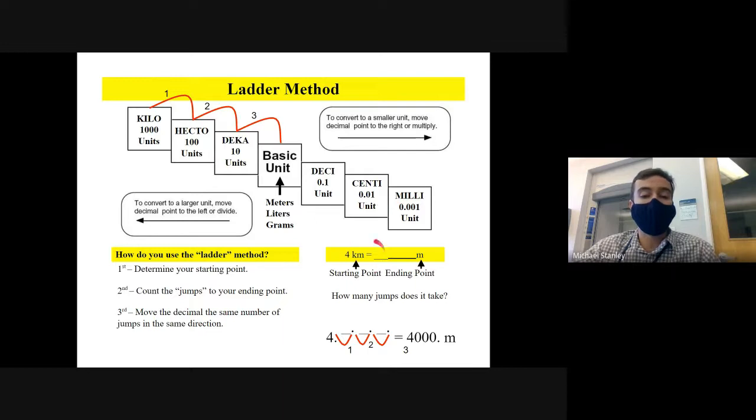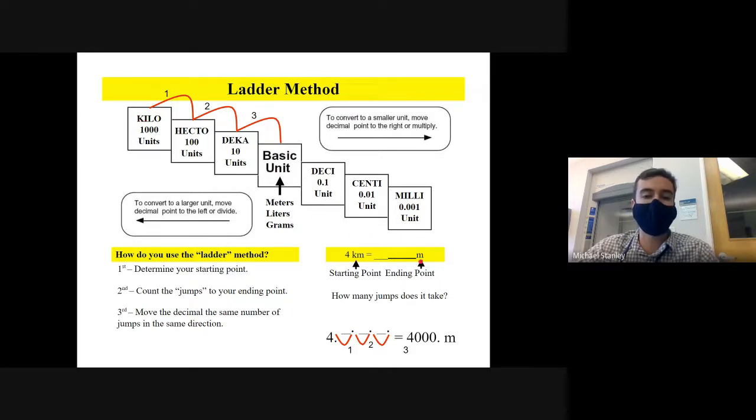We have 4 kilometers, and I want you to tell me how many meters are in 4 kilometers. First thing that we have to do is figure out our starting point and our ending point. Starting point is kilometers, and kilometers are right here in kilo.